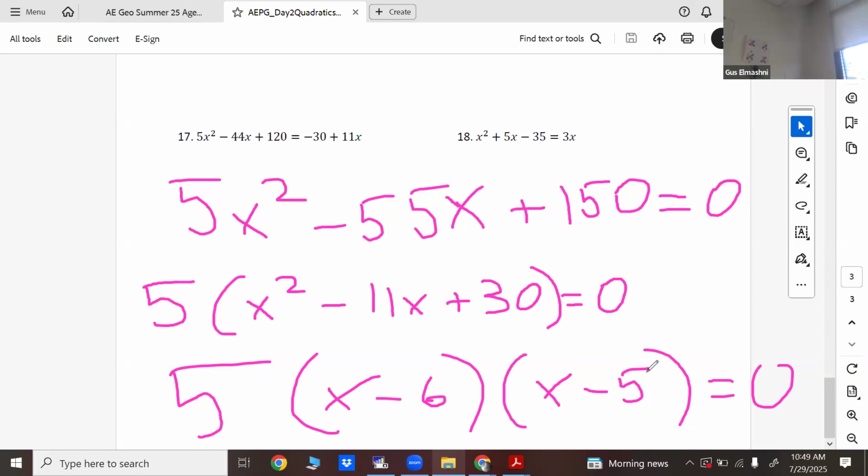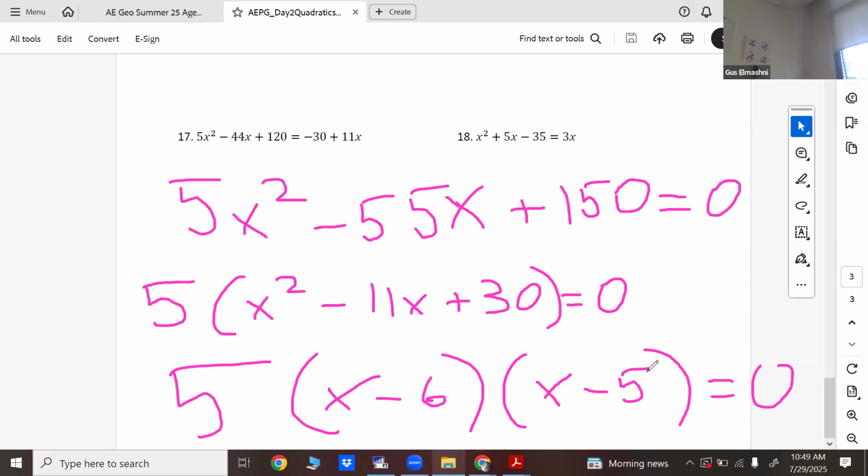Because here's the thing. I've taken this and broken it down into a product of 3 quantities: 5, x minus 6, x minus 5. 5 times this has to equal 0. Well, 5 is 5. I can't do anything about that. But I could change this. Why do we call these variables in the first place?